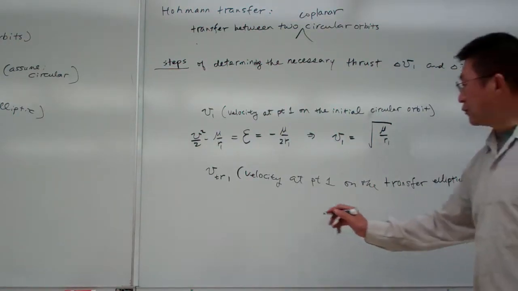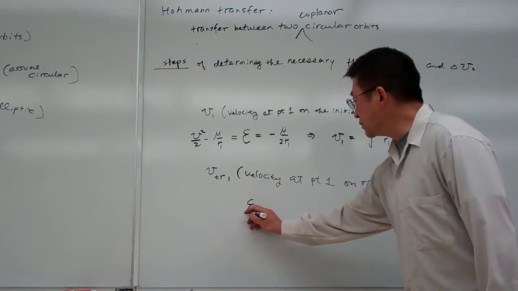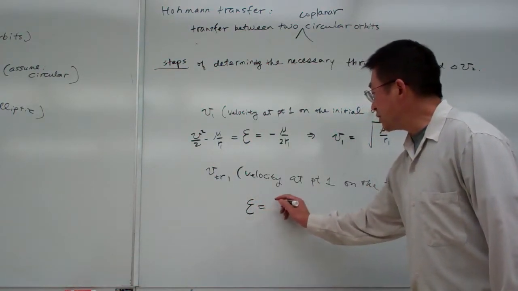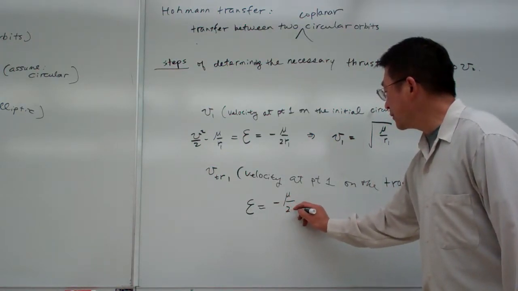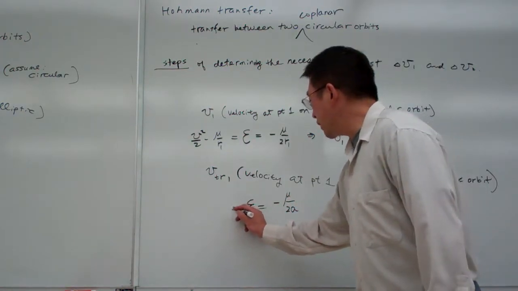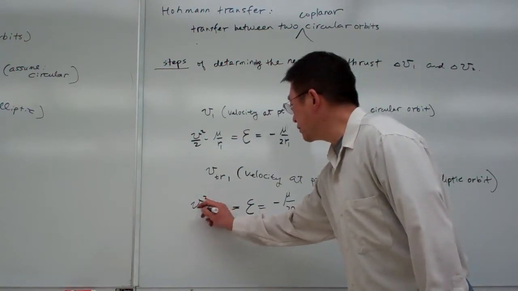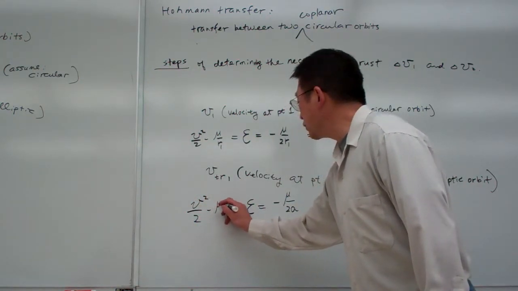So again, we take up these equations. In general, energy is equal to minus mu divided by 2A, right? And on the other side, equal to V squared divided by 2 minus mu over R.